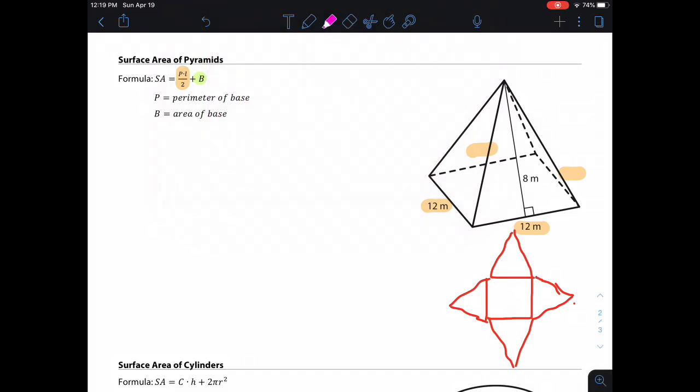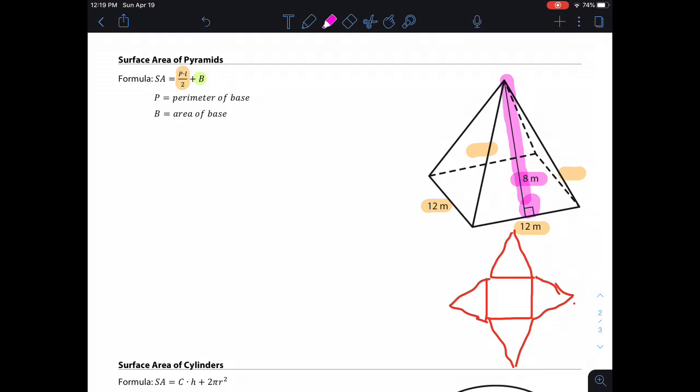So if you look back at that formula, it says P times L divided by 2, and you're thinking, aren't triangles base times height divided by 2? Yes, they are. The P represents the base of the triangle because it's the perimeter of the shape, and there's 4 triangles. The L is what represents the height. And now the L is kind of a weird thing. It's this 8 meters right here, and you can see it's represented by this right angle symbol and then this line that goes from the edge of the base all the way to the top.